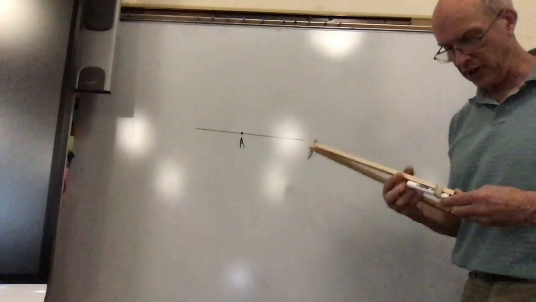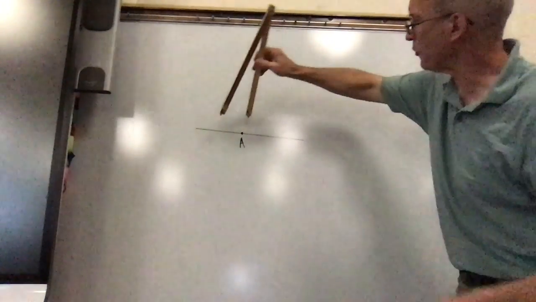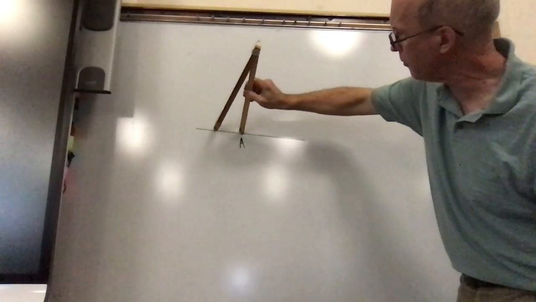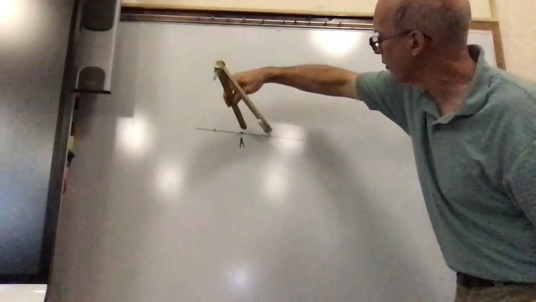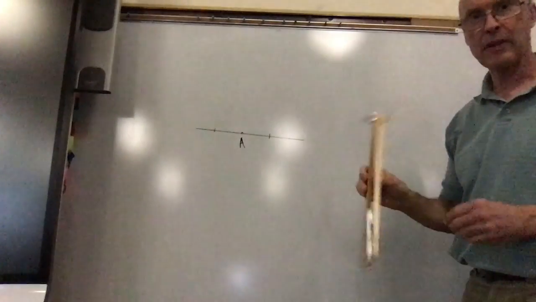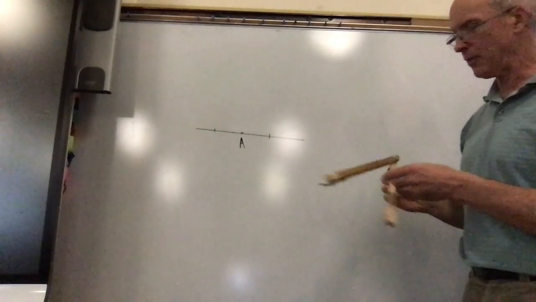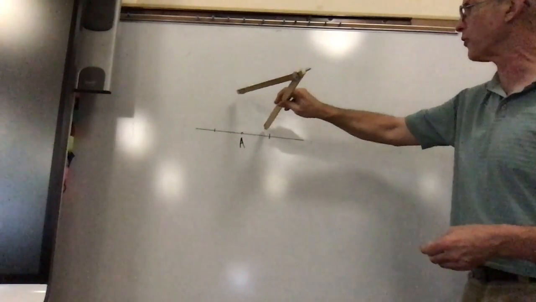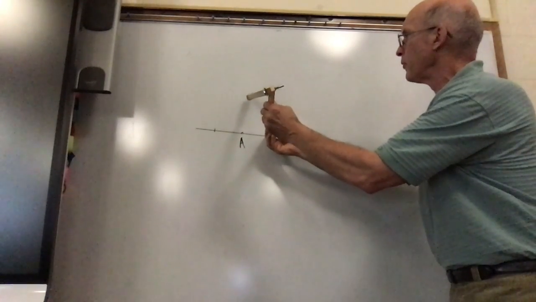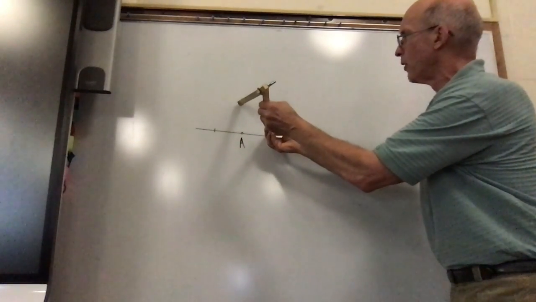So what you do is you take your compass and just measure out in both directions from point A. Put that on point A, measure out, put a little mark there. Go on point A, measure out, put a little mark there. And then just go up. It really doesn't matter how far you go up as long as they're able to cross. Put your compass on there, make a little arc.